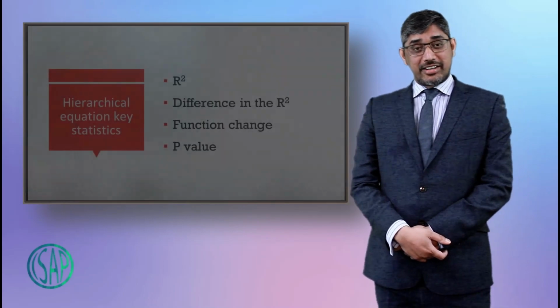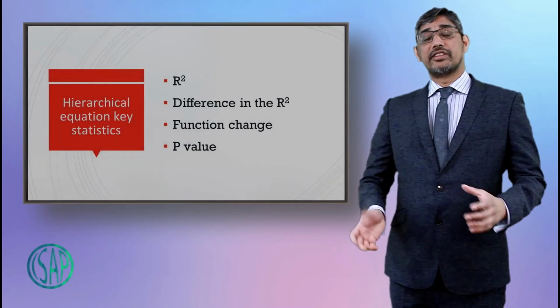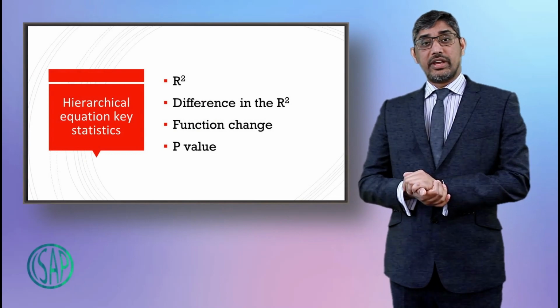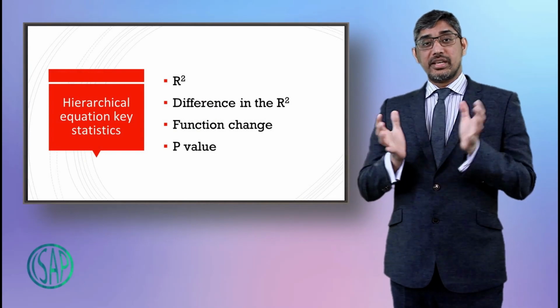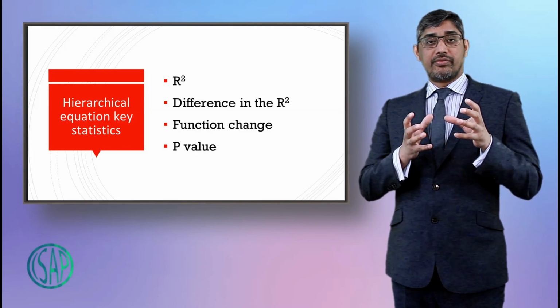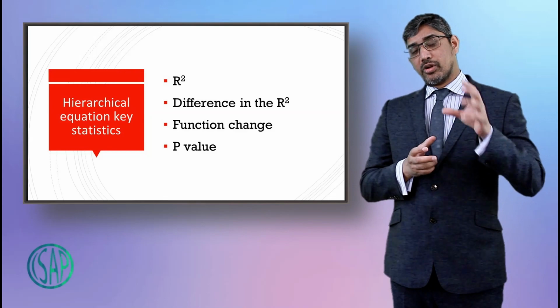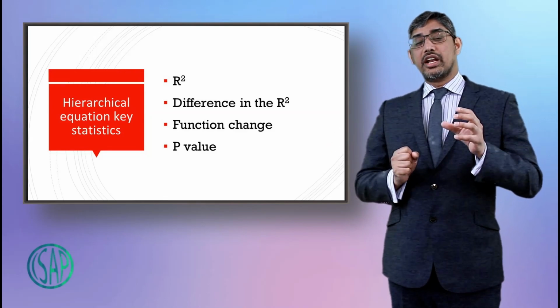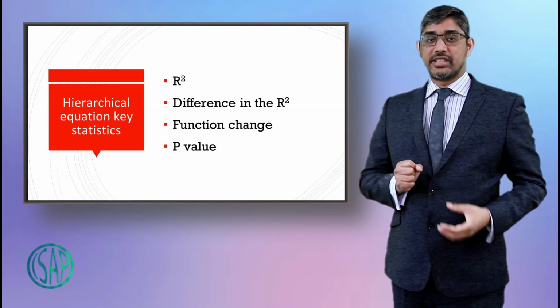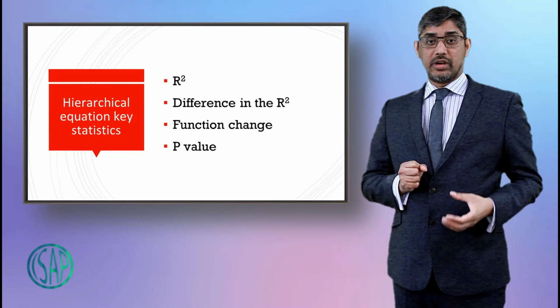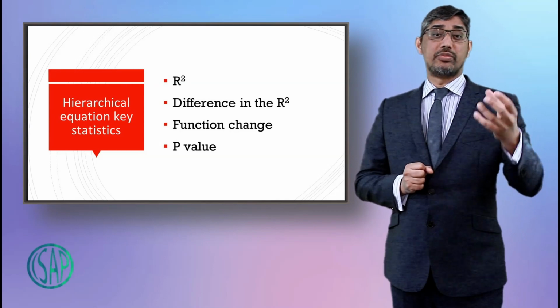That's exactly correct, Sonia. When you do hierarchical modeling, you construct various models by combining similar kinds of variables together. Let's say you have a few similar variables in model 1 and you add different sets of variables in model 2. Say you got 80% as the model fitness, an R square value of 80% or 0.8.